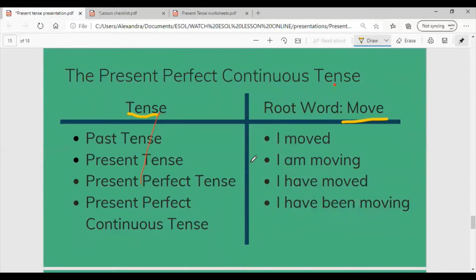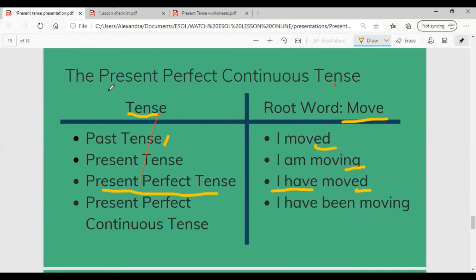We have the past tense here, and we know this is the past tense because we've got the "ed" on the end, "moved." For the present tense, we've got the "ing," "I am moving," on the end of the root word. For the present perfect tense, which remember is what we've just looked at, we have "I have moved," the "have" and "ed" on the end of the root word.